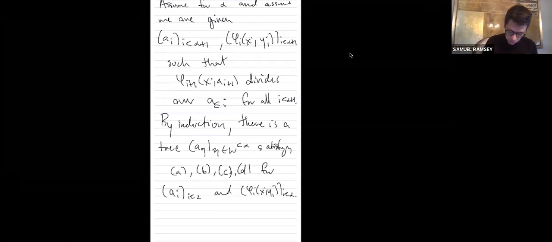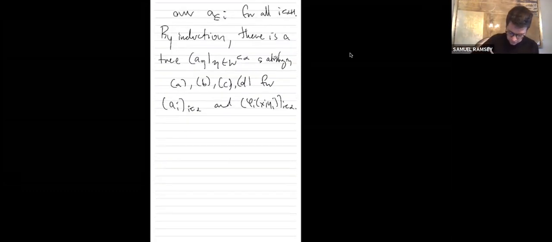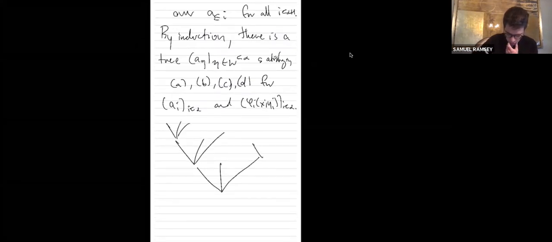Okay, so let's draw this picture, and this will be the last thing we do. So let's draw the picture for 2. Let's suppose that alpha is 3, and I know that for a tree of height 2, I can find a tree like this, such that this blue thing has the right type. It has the same type as the sequence I was given.